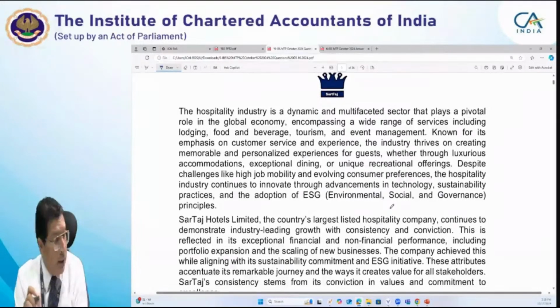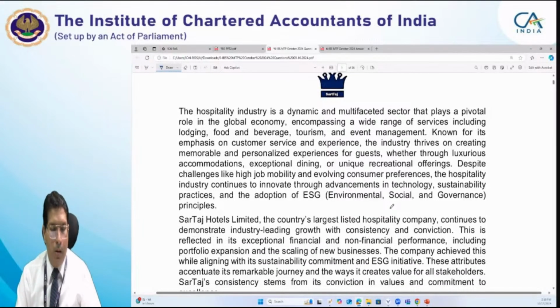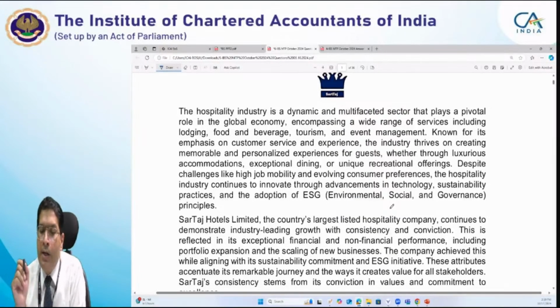The hospitality industry is a dynamic and multifaceted sector that plays a pivotal role in the global economy, encompassing a wide range of services including lodging, food and beverage, tourism and event management.